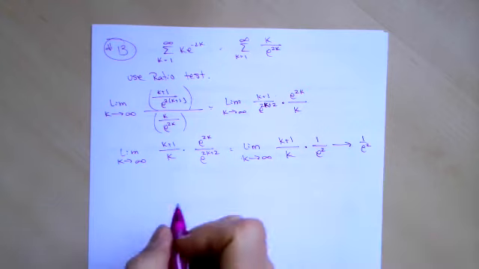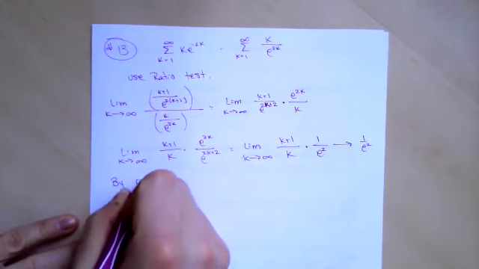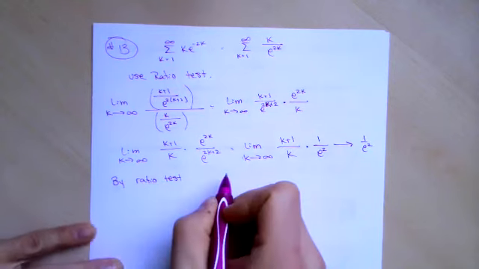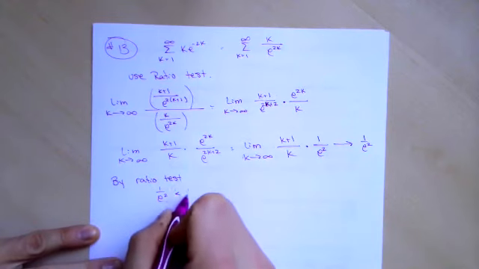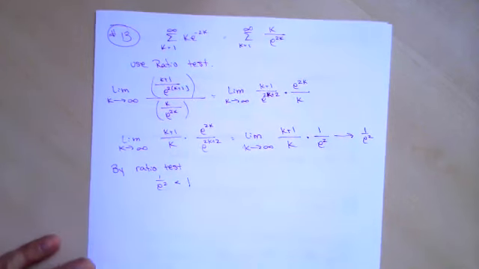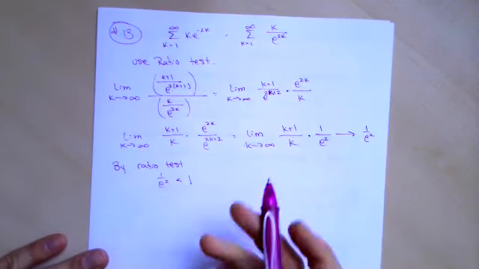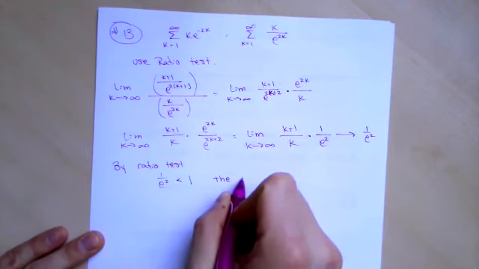So the ratio is 1 over e squared, which is less than 1. e is about 2.7, and squared is going to be some fraction less than 1. The series converges.